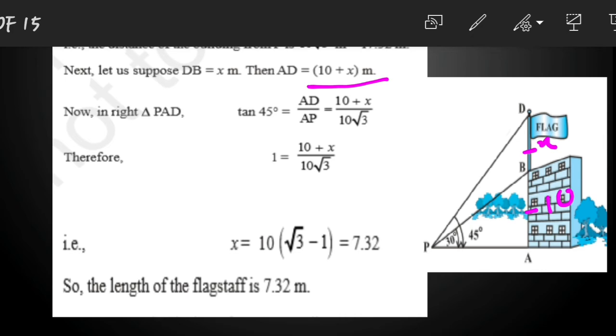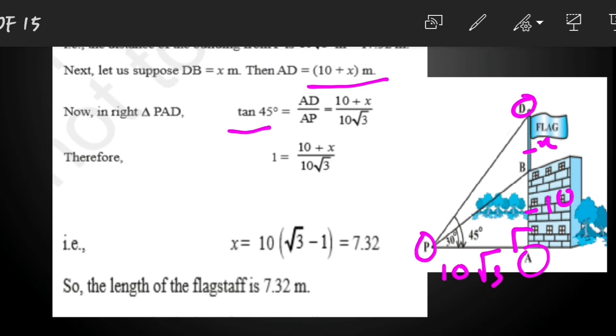Now if you take triangle APD, this is also a right angle triangle where the value of AD is 10 plus x and the value of AP is 10 root 3, which you have evaluated in the previous slide. So from this figure you can say that AD by AP is equal to tan 45.